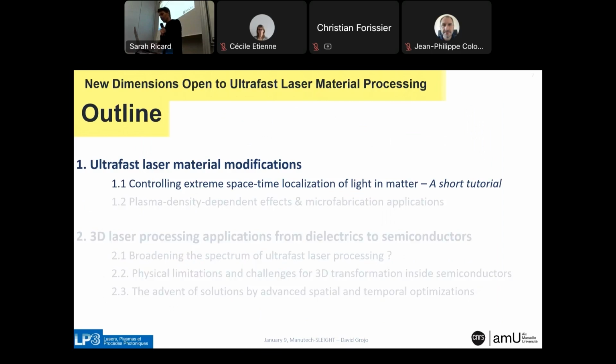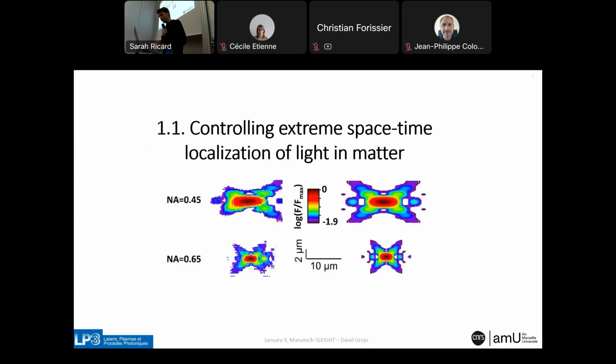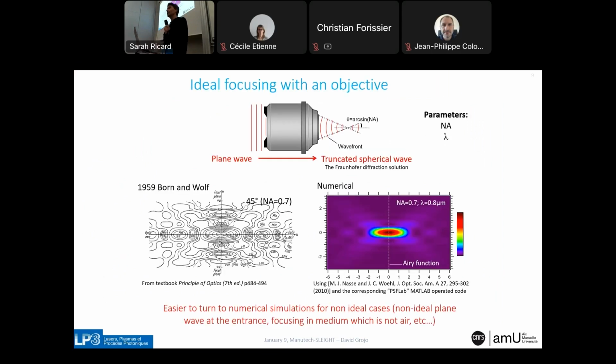So first part: controlling extreme space-time localization of light in matter. You imagine that to make these 3D writing applications, you need to tightly focus the light. The best way to focus the light is to use microscope objectives, the same microscope objectives used by people doing imaging.